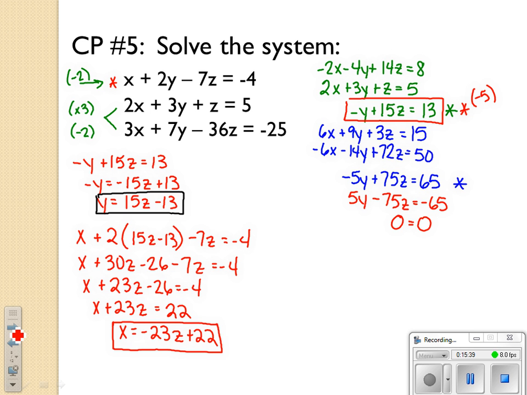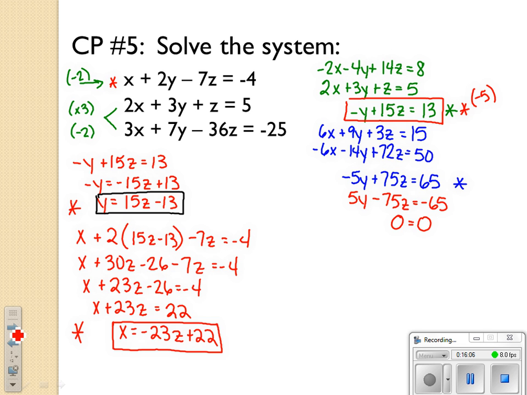The last thing is the part that, I guess, maybe is going to be the harder part for you guys to get your heads around. If we were to take any number now and choose it for z, we'd be able to put that in these two expressions and solve for a number for x and for y.